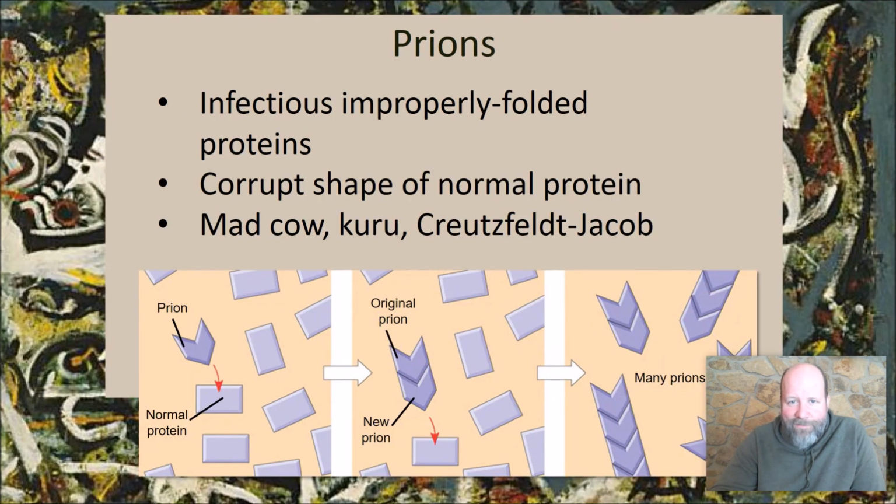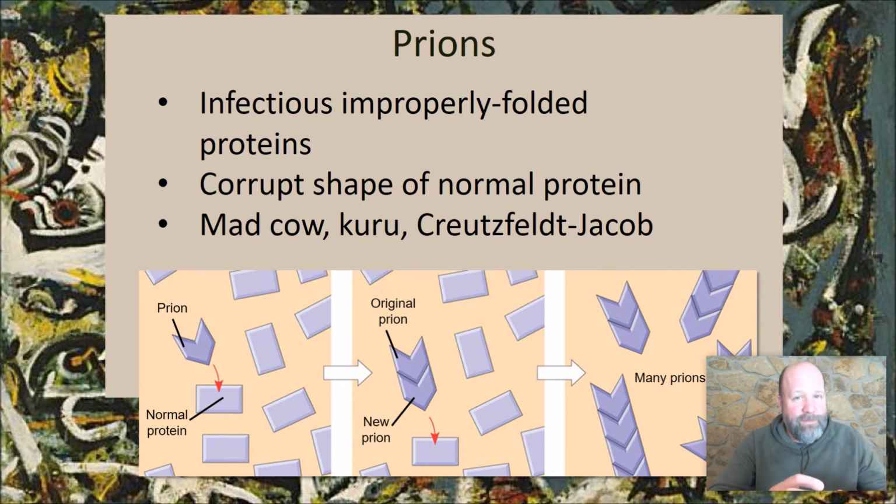Just because it doesn't really fit anywhere else, I went ahead and threw a slide in here about prions. It's not something AP's ever asked about. Prions are basically a misfolded protein, and they're misfolded in a way that they corrupt the three-dimensional shape of other proteins of the same sequence. So you have a proper sequence of this protein, and then you have another gene that codes for one that folds a little bit weird, but it's the same sequence except a little bit maybe changed.